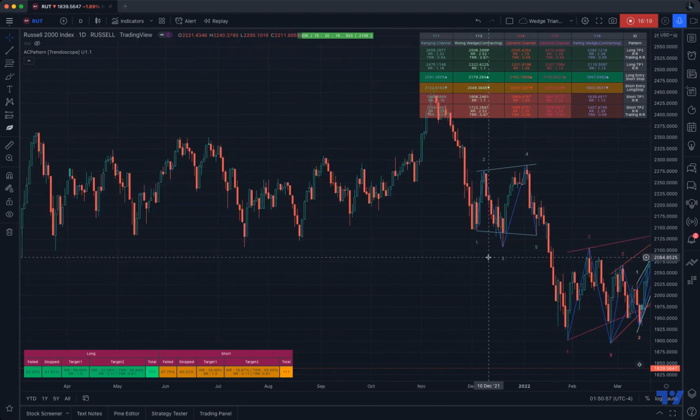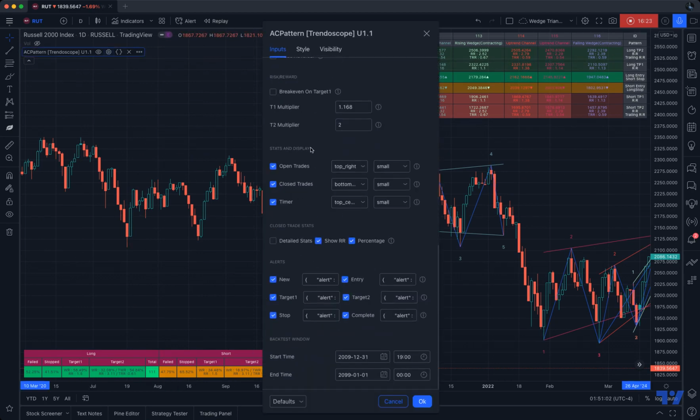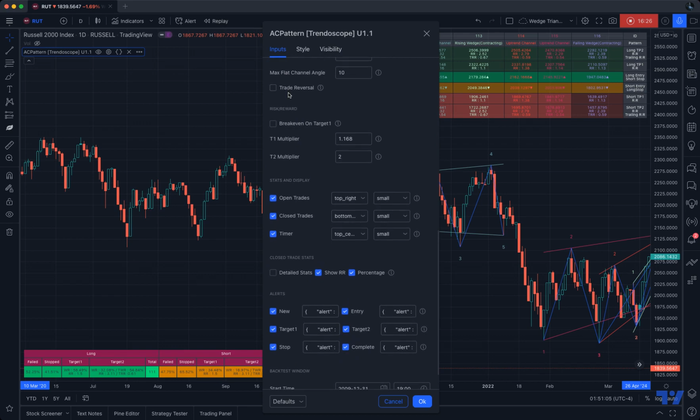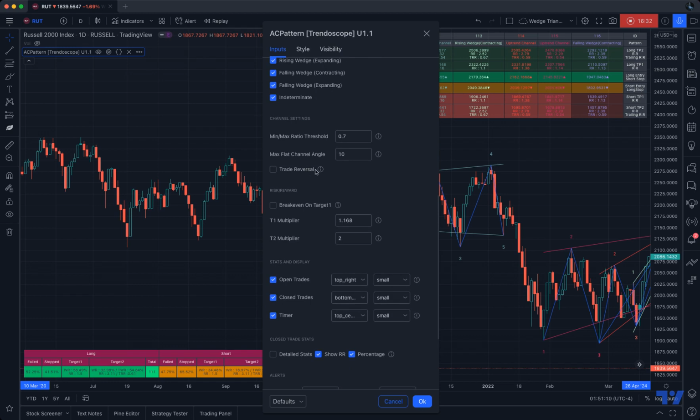That's why the option to trade reversal is there. I don't suggest enabling this unless the patterns or ranges are very big, and there is less risk reward in waiting for the breakout.